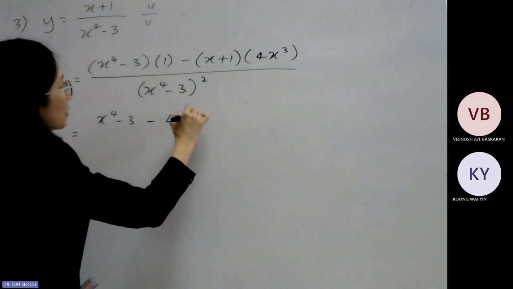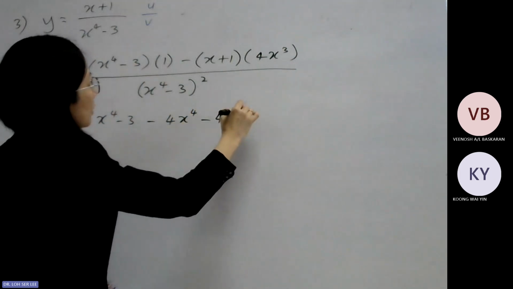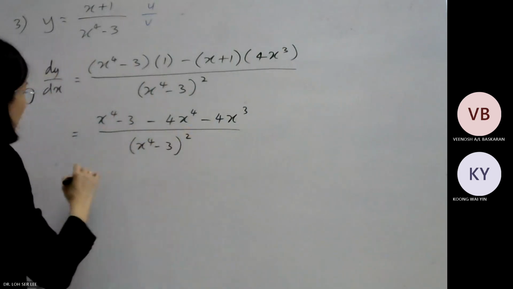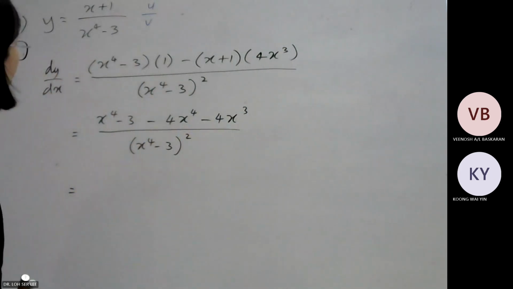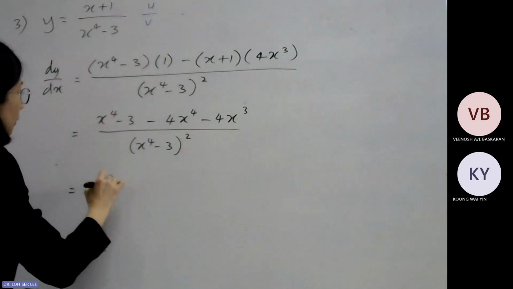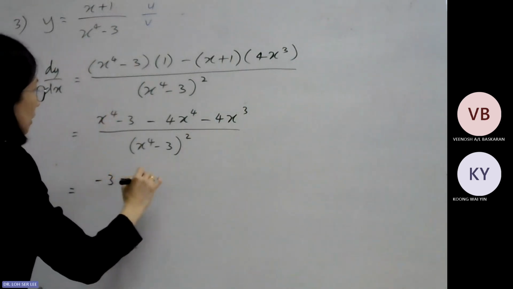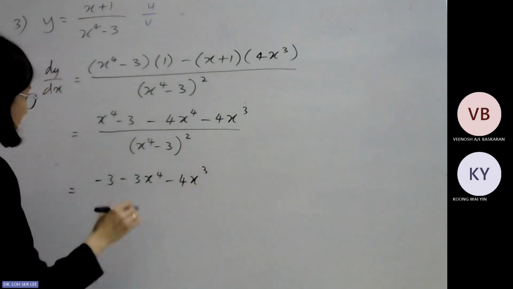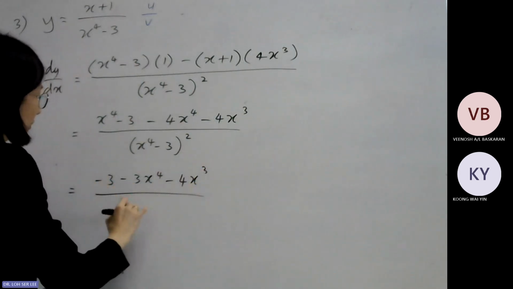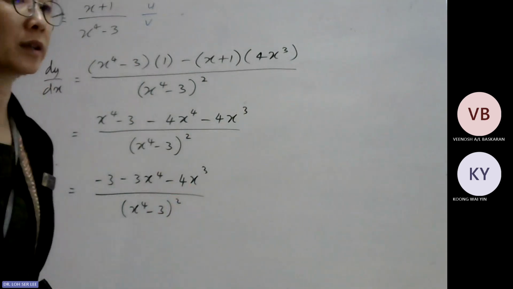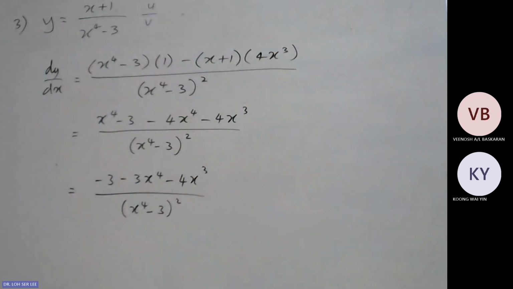Minus 4x to the power 4 minus 4x cubed. Negative 3 minus 3x over 4 minus 4x. Okay, this one you can factorize the negative. Okay, or you can just leave it.